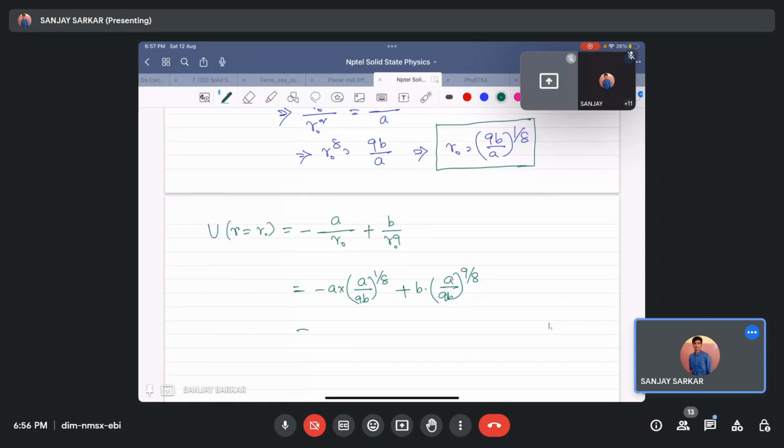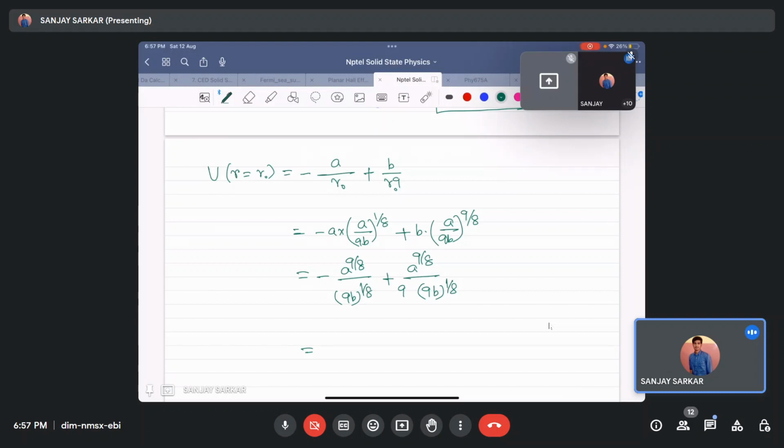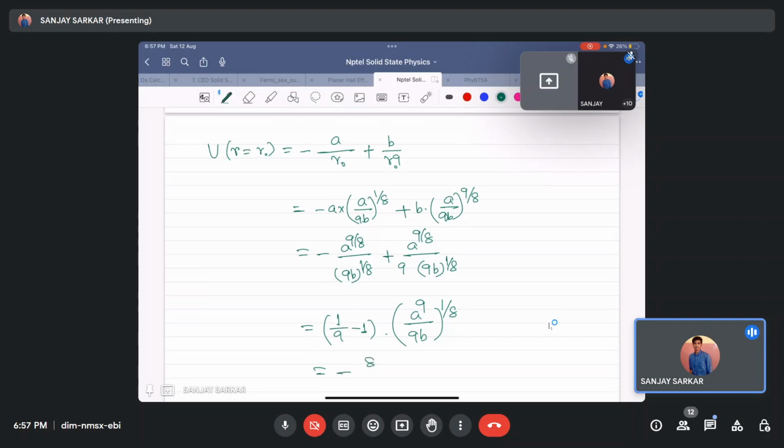So it will be minus a to the power 9 by 8 over (9b) to the power 1 by 8, plus a to the power 9 by 8 over 9 into (9b) to the power 1 by 8. So it is just (1 by 9 minus 1) into a to the power 9 by 8 over (9b) to the power 1 by 8, and this is minus 8 by 9.